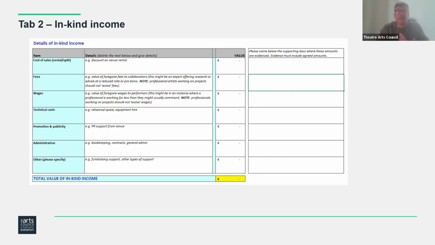And it helps us to understand the hidden costs of making work and to get an insight into how funding organization over here is helping to make independent work over here. So the total value of in-kind support is automatically totaled at the bottom there, and that automatically gets fed back into the first tab, into the budget detail tab.